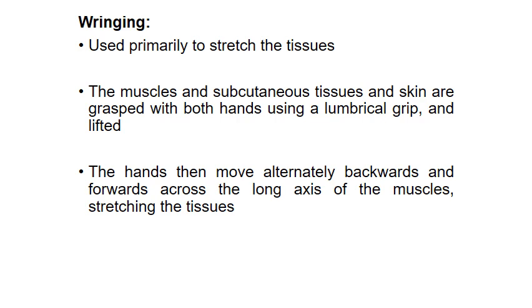So as you lift the tissues with both hands, then the hands move alternately backwards and forwards along the axis of the muscle. So that means you hold the tissue with your lumbrical grip. Try it on one of your family members or a friend. Lift it up. Then the one hand moves forward while the other hand moves back. And then you swap. And in that way you will see that you are wringing the tissue, and it stretches the tissue.